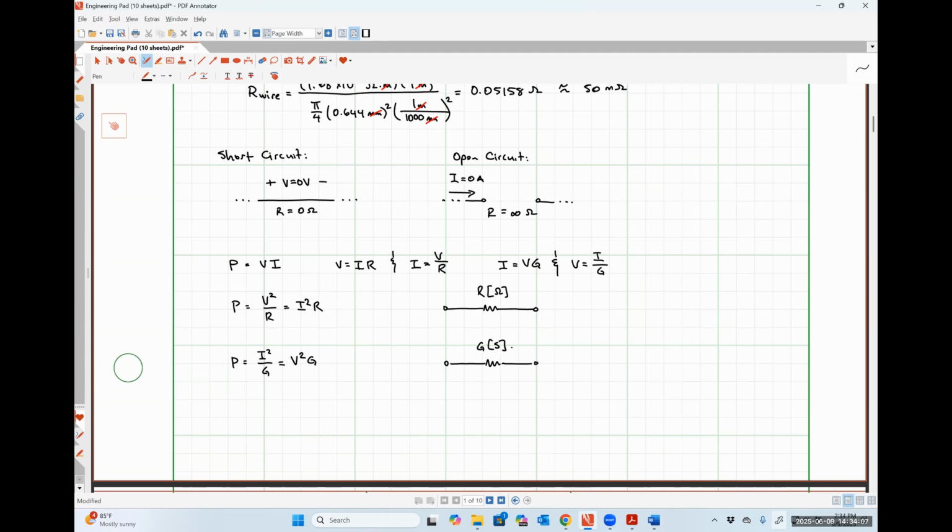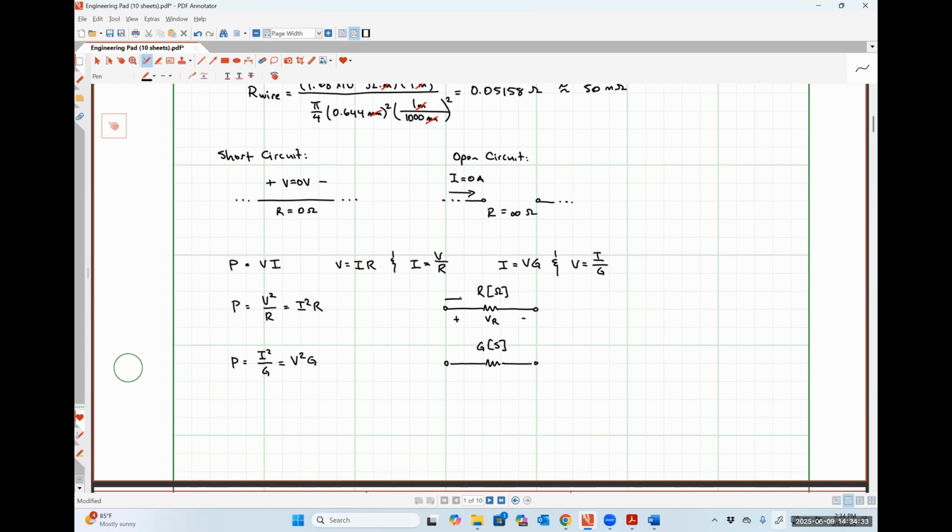Now, another thing that I want to point out to you, and this is a little nuanced. Let's say that the voltage drop across our resistor, I'm going to call it VR, is positive polarity on the left, negative polarity on the right.